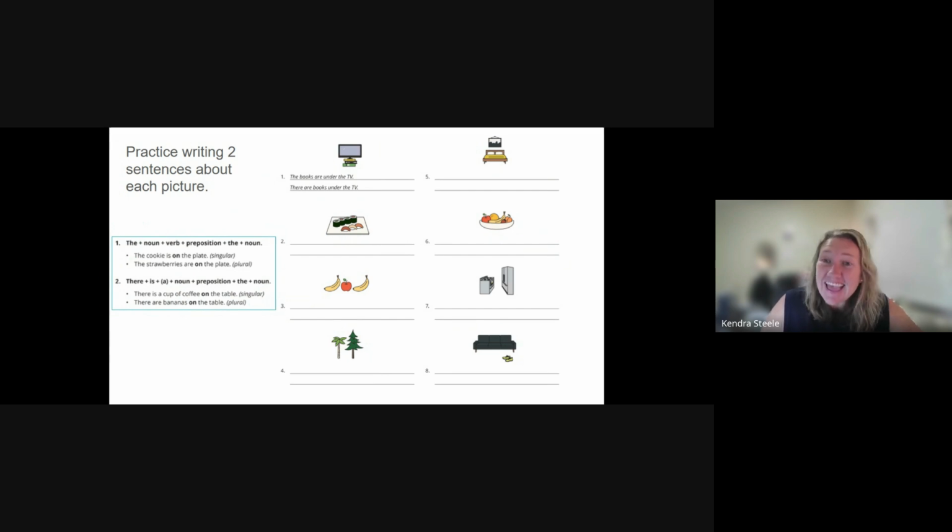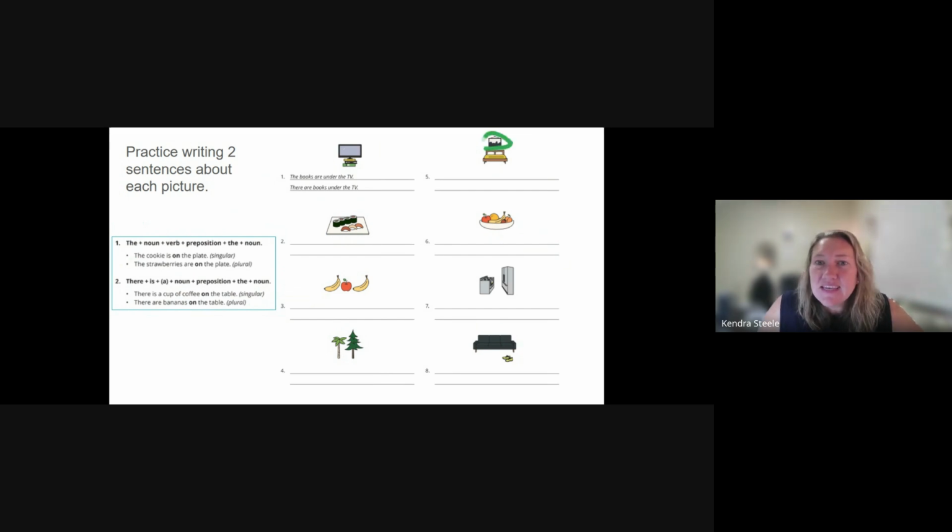There is an apple between the bananas. The palm tree is next to the pine tree. There is a palm tree next to the pine tree.